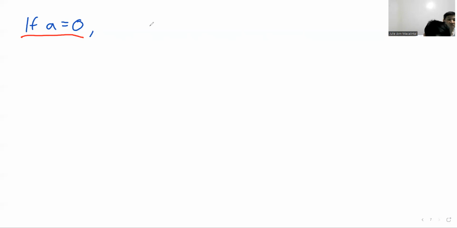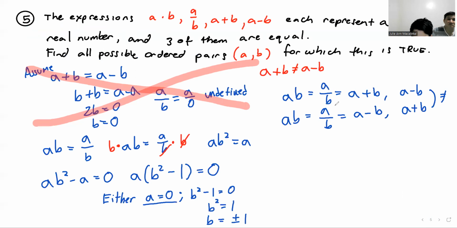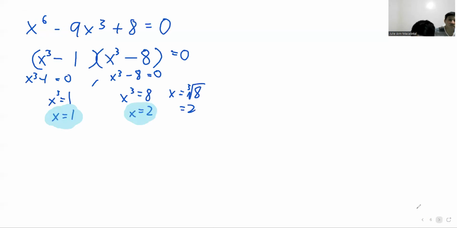Earlier, for the other problem, we saw that ab is equal to a over b equal to a plus b. For this one, we can say ab is equal to a plus b, and for here, ab is equal to a minus b. We're going to use those.